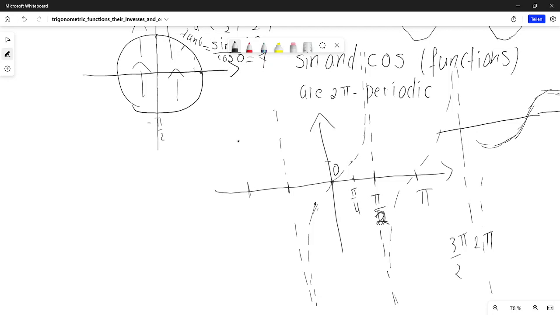But you see, the tangent is repeating more frequently than just 2 pi. You could say that its period is 2 pi, yes, but it is not the minimal periodicity of the tangent. The minimal periodicity is just pi, right? Because if we move pi on this axis, the values repeat. So tangent is pi periodic.